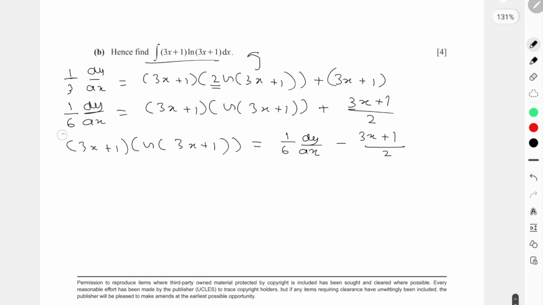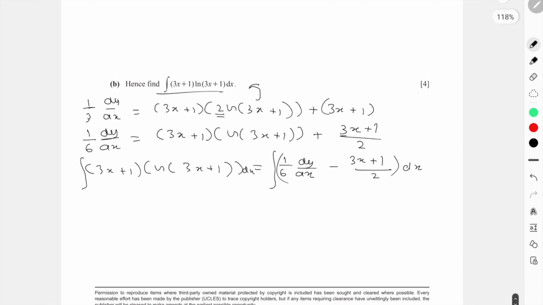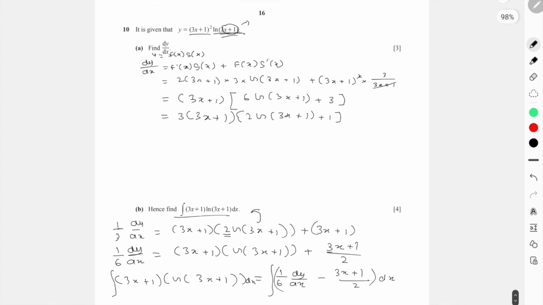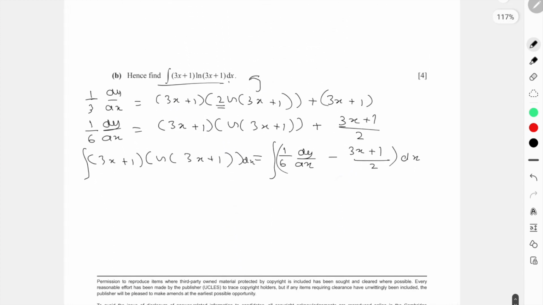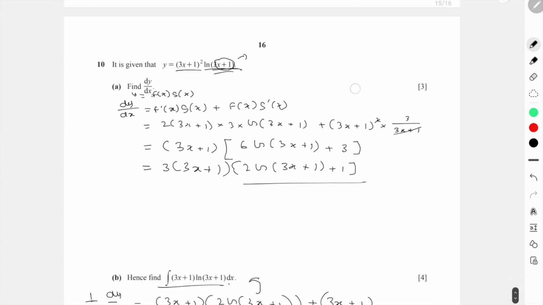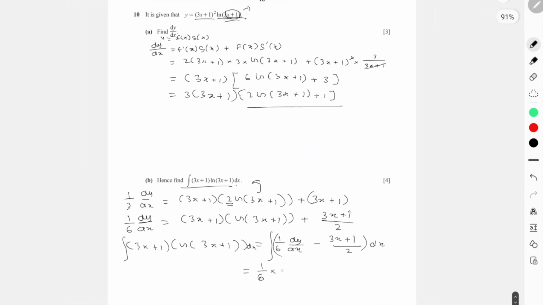And now let's integrate. So essentially what we did was we expanded this and then we wrote this in terms of this. So this is just going to be 1 by 6. We know that the integration of dy by dx is basically y.